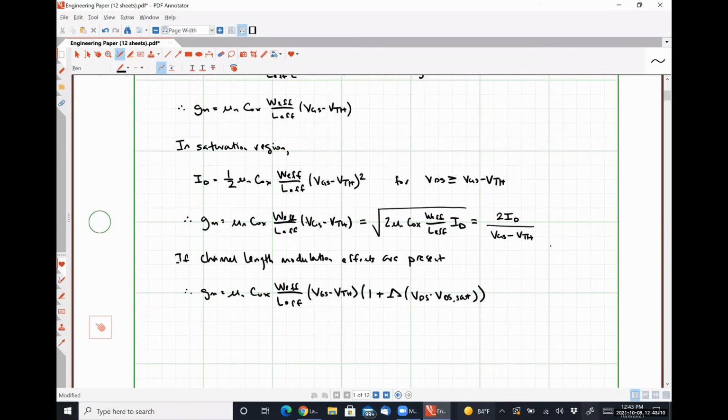Or alternatively, the square root of twice mu n Cox W effective over L effective times ID, divided by that quantity, 1 plus capital lambda times VDS minus VDS set.